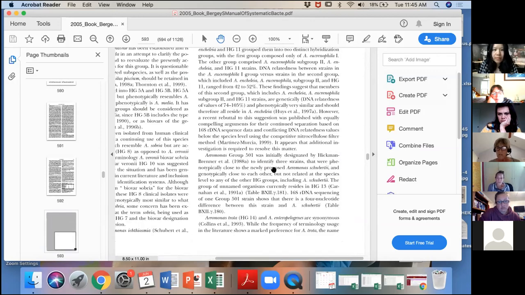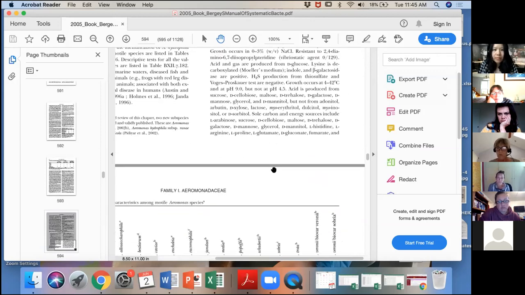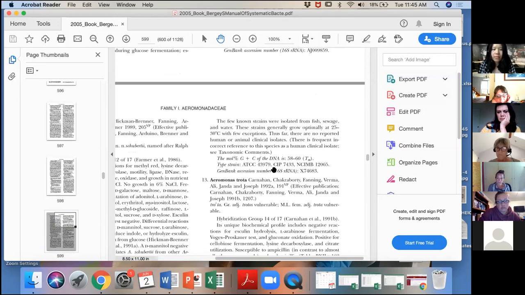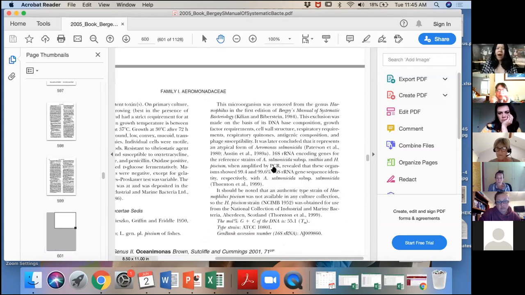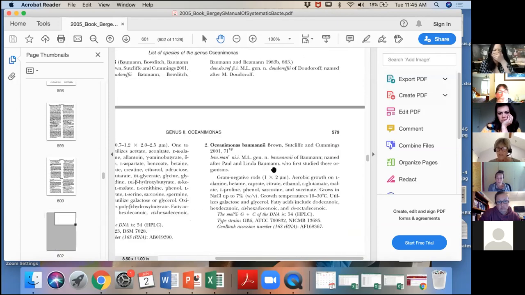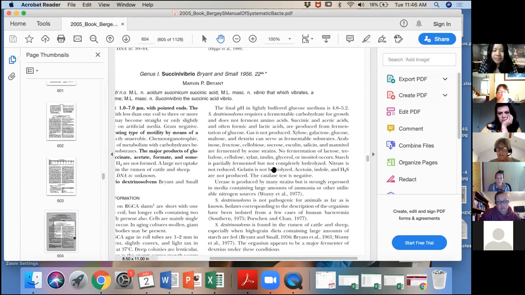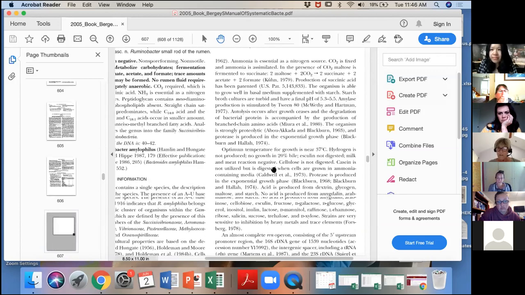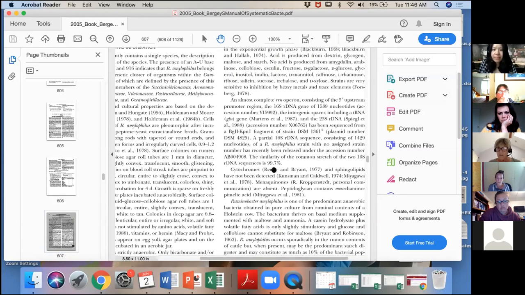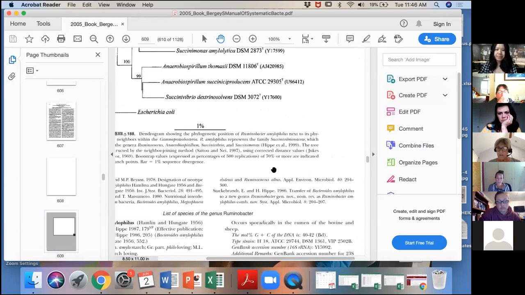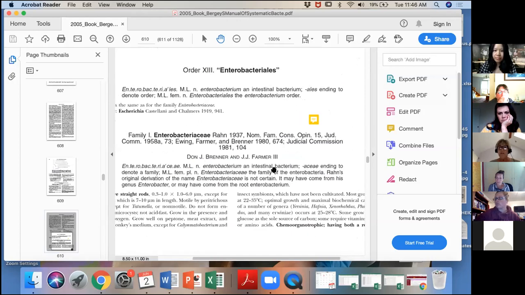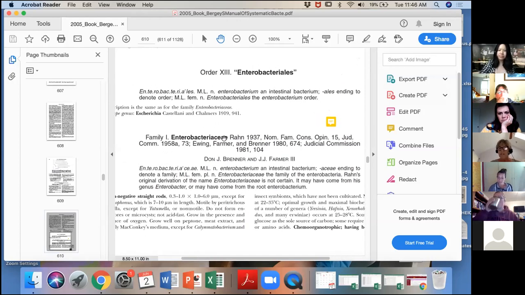It's not taking me, but at least it's bringing me to about the right place. So 587, 579. These online books are kind of a pain. So here's my family, Enterobacteriaceae.